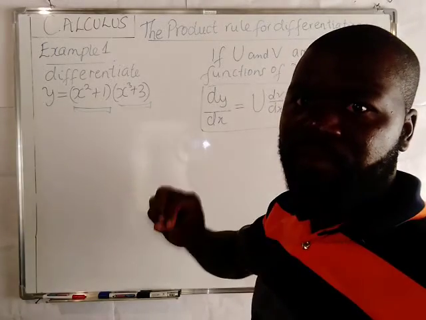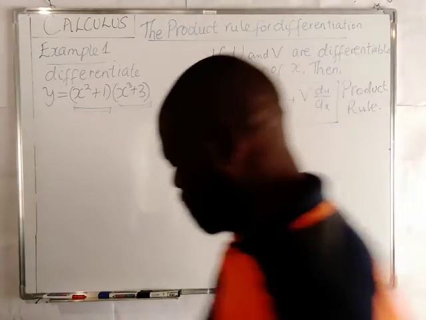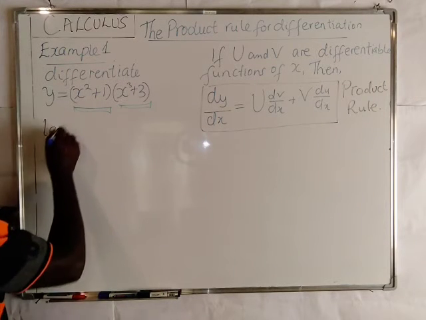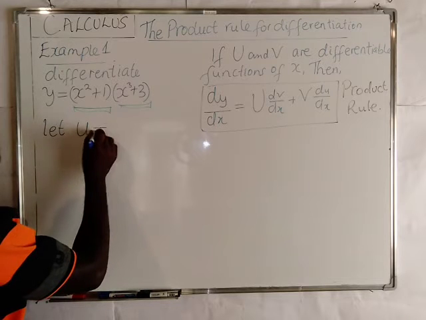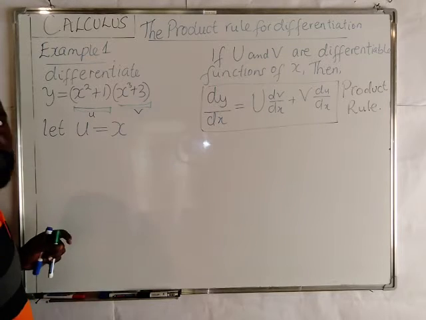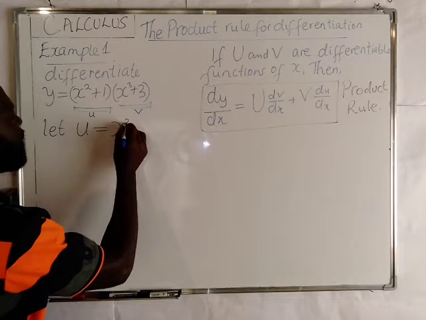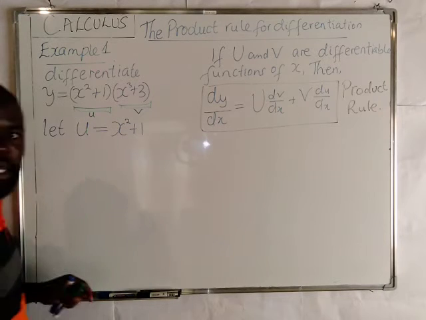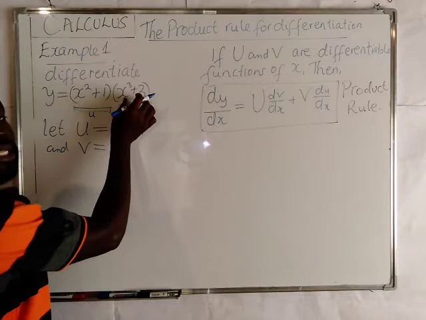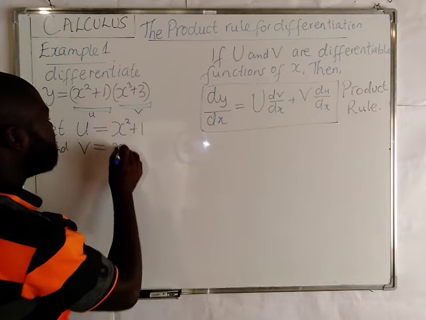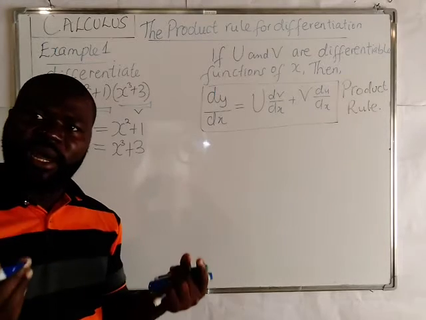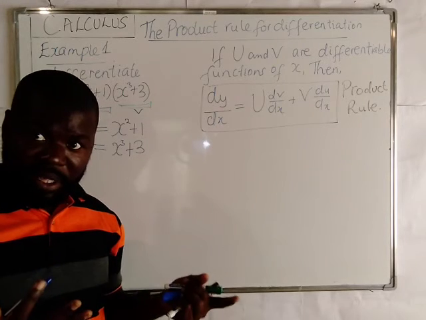We say, let u be x squared plus 1, and v be x power 3 plus 3. So this is where the u and the v have come in.